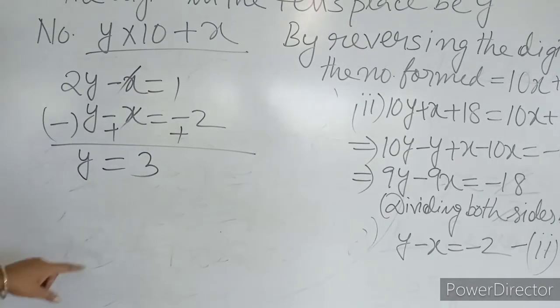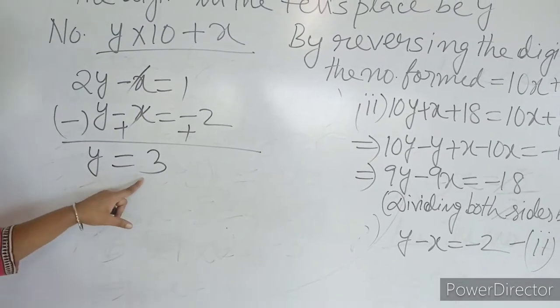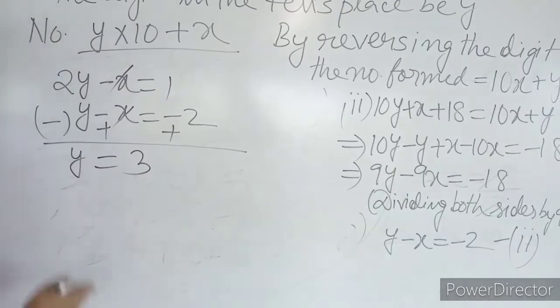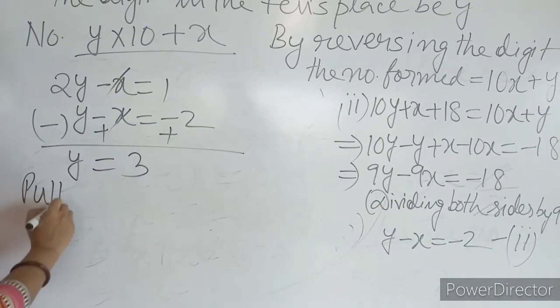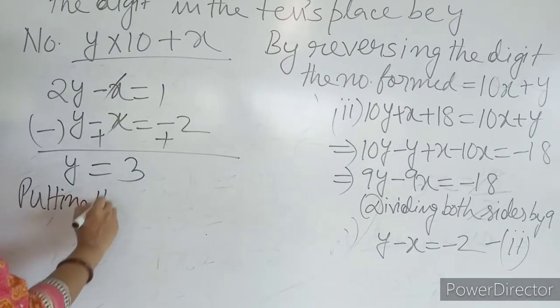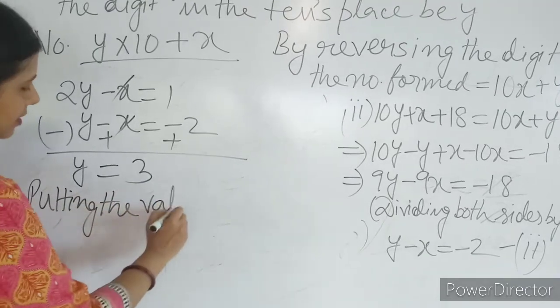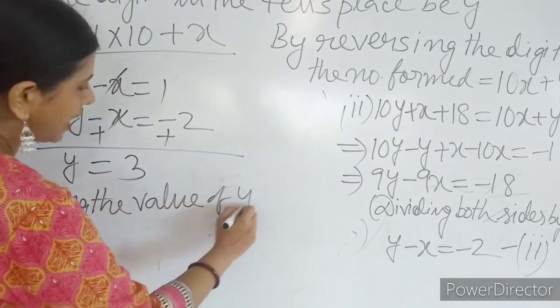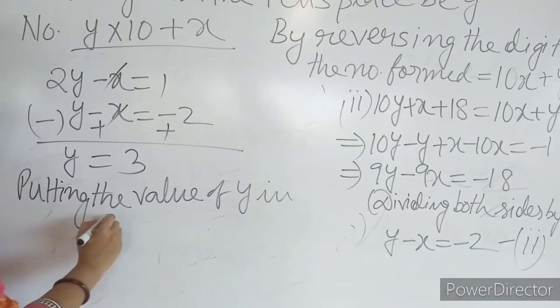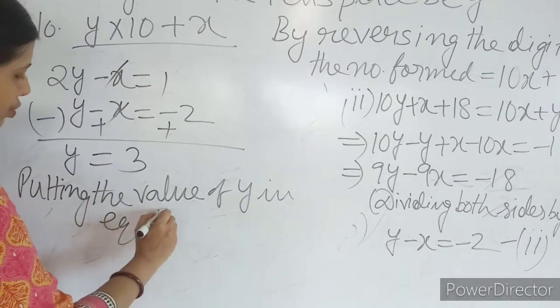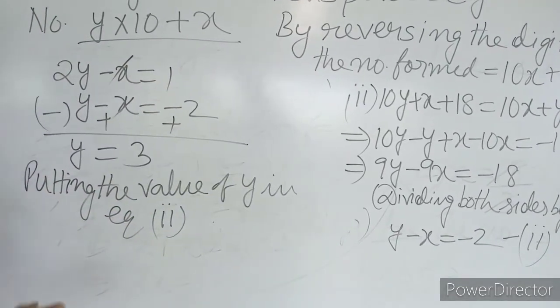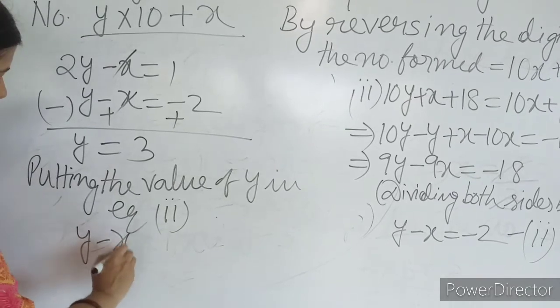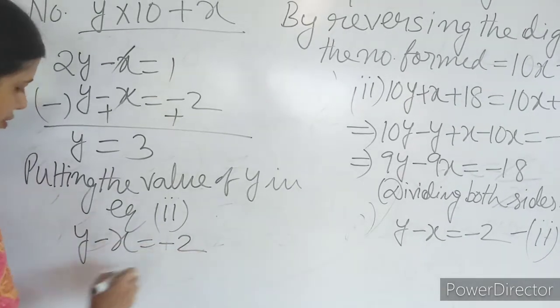Now I have to find out what x is. If I put the value of y in equation 2, what am I going to get? y minus x equal to minus 2.